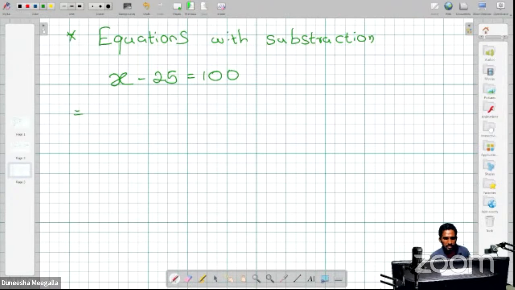What should we do? We can make x the subject. We have to remove the minus 25. What can we do to the left side? Someone tell me, to remove minus 25, what should we do? Naduli, how do we remove minus 25?